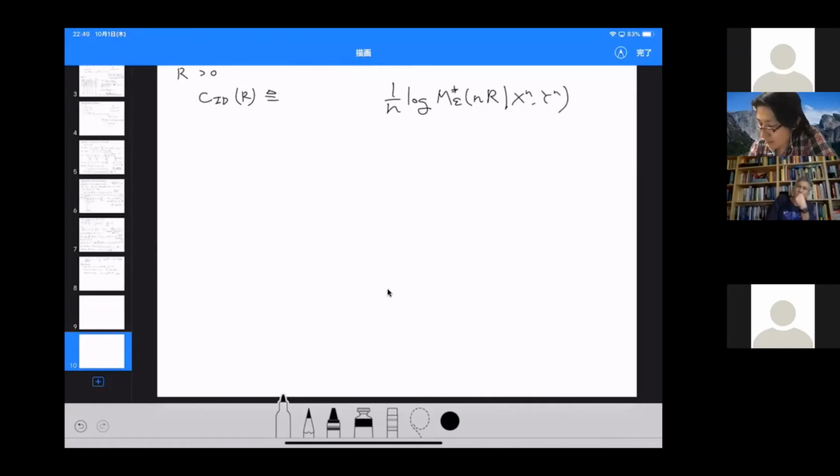So the communication cost is NR bits, and this is the length of domain size, and we take logarithm and divide by the block length, and take lim inf of n, and take the limit of epsilon to 0. Okay, so here, note that we take the logarithm of message length, so the domain size is doubly exponentially large.